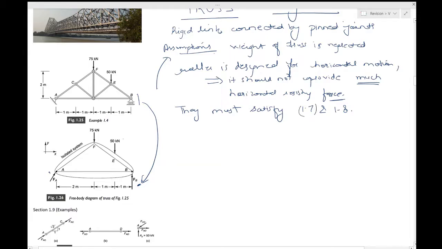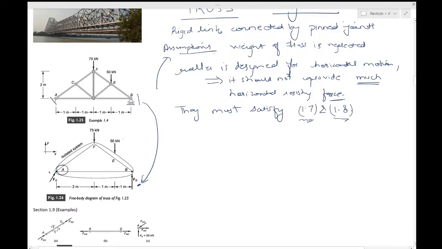Now remember what 1.7 and 1.8 were. One was the summation of all the external forces in a planar system, and the other was the summation of all the moments due to the external forces about an arbitrary point in a planar system. This, it seems, is enough to solve the problem. The method given in your textbook is first to take the moments about A and equate it to 0.